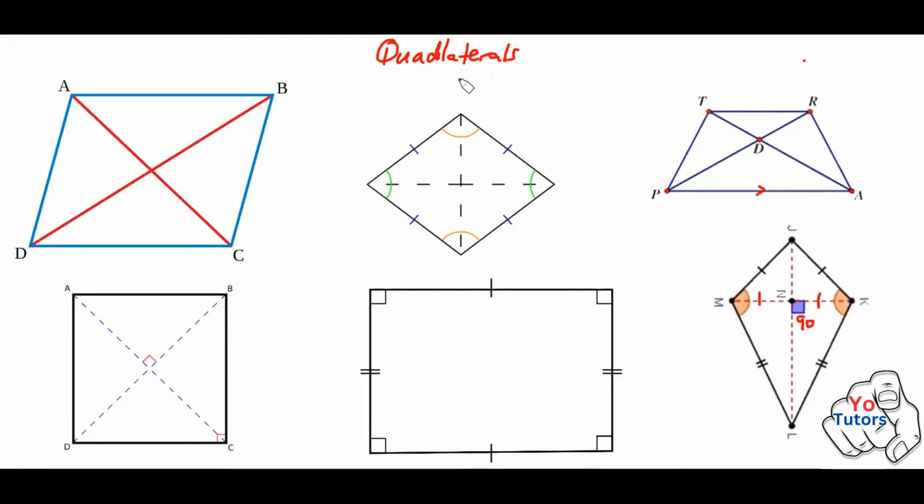And we need to understand what quadrilaterals are. Quadrilaterals have four sides. It's just a shape with four sides, okay? But when we are looking at grade 10, this is where you start to go deep into quadrilaterals.